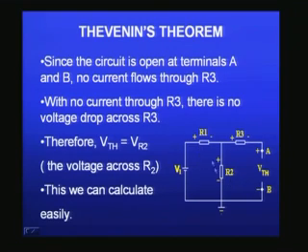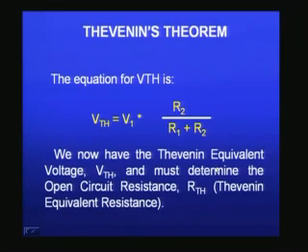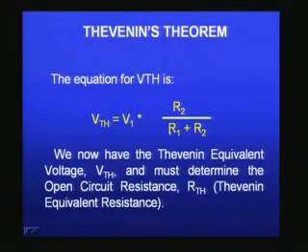This is a simple potential divider, and therefore V Thevenin will be V1 multiplied by R2 divided by R1 plus R2, which is nothing but a simple potential divider arrangement, and you are trying to measure the proportion of voltage across R2, one of the resistors. So this is V Thevenin, and this will be the effective equivalent voltage source that we should ultimately use after we simplify the circuit.